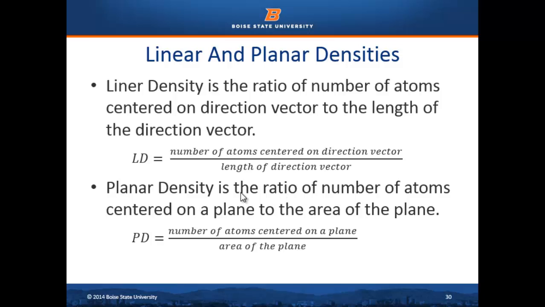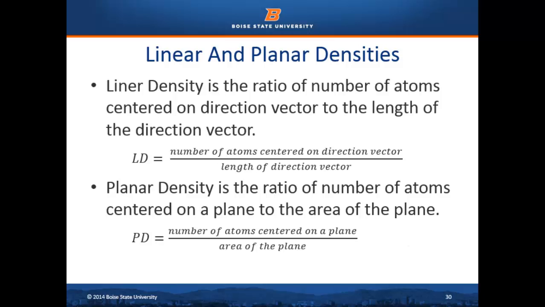Planar density is the ratio of the number of atoms centered on a plane to the area of the plane. The formula is PD equals the number of atoms centered on a plane over the area of the plane.